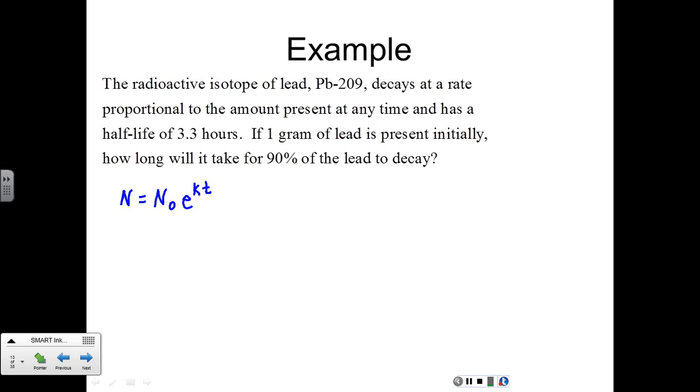If 1 gram of lead is present initially, how long will it take for 90% of the lead to decay? Okay, so we got to get some information to start off with. Let's work with the half-life first. If we started off with 1 gram, how much would I have after half of it's gone? 0.5?